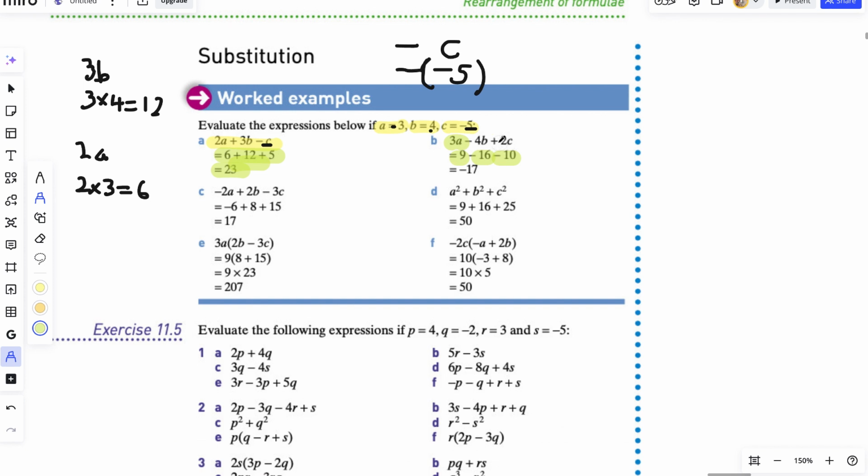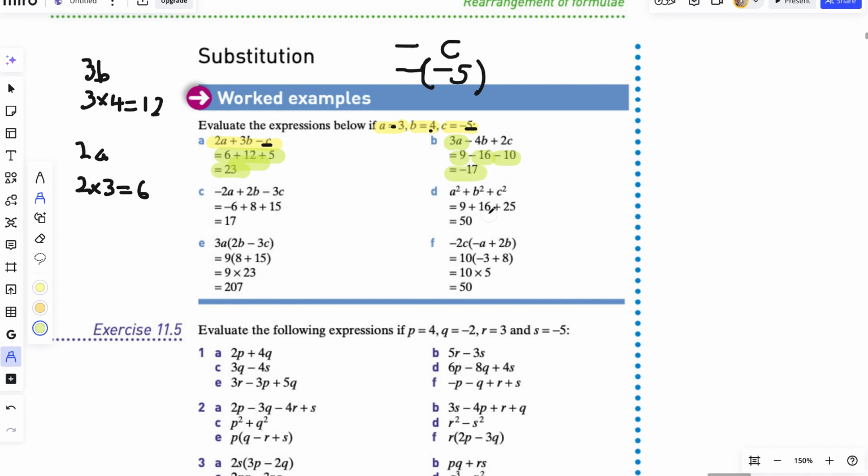So don't say, oh, there's plus 2 here, minus 5 times minus 5. Why did you get negative? Minus times positive is negative. That's how we got minus 10 here. Now you simplify. 9 minus 16, you're going to get minus 7. Minus 7 minus 10, you get minus 17. That's how we got that.